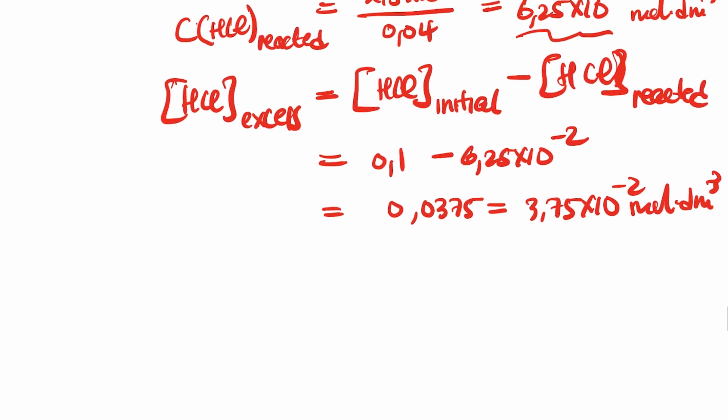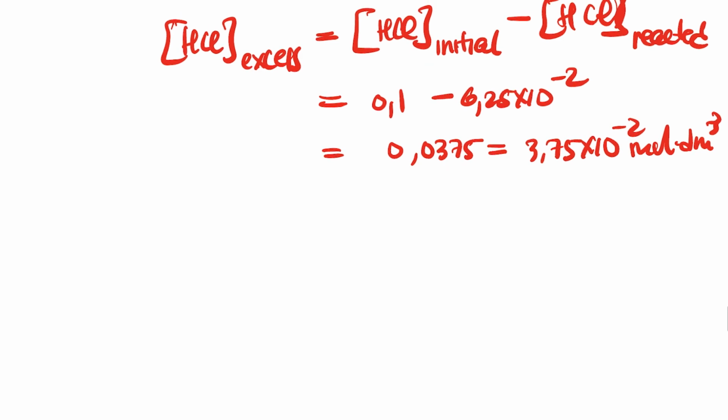So this is the concentration in excess. Remember, the pH of the final solution is calculated by the excess. So we will say now we have the concentration of the HCl, which is the excess, right? So we'll do the mole ratio.